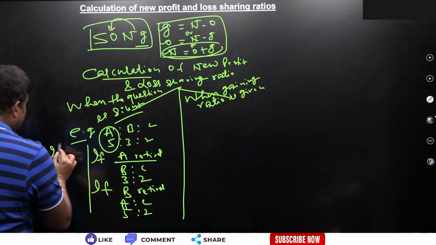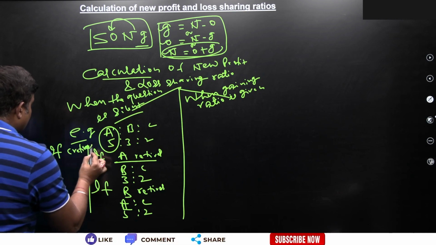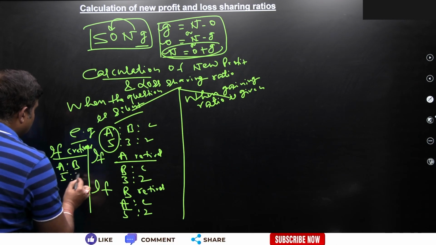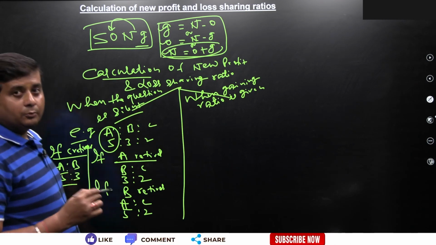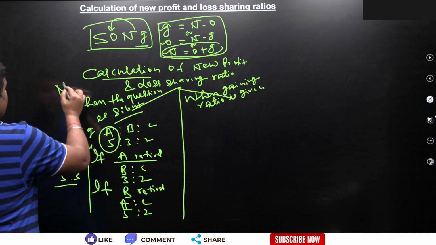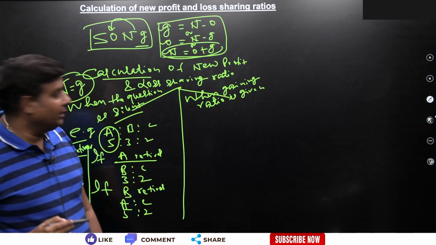Similarly, if C retires, then A and B have a ratio of 5:3. And one thing you have to learn here: whenever the question is silent, the new ratio becomes the gaining ratio.